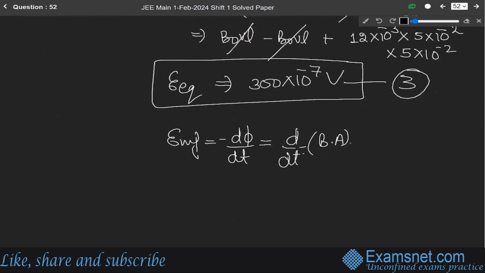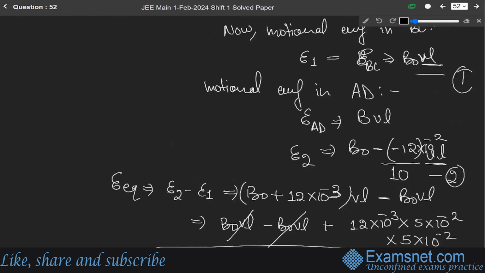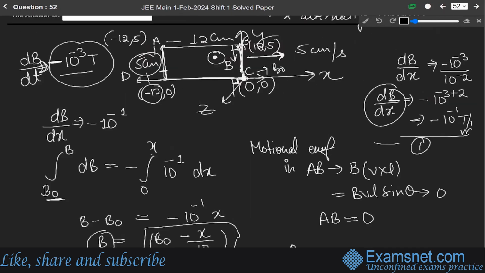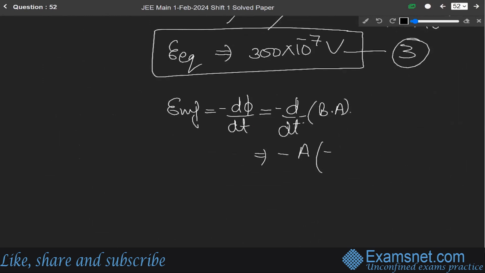Minus del phi over del T. So it will be equals to minus A, and del B over del T is already in minus sign because it is decreasing. Minus 10 to the power minus 3 Tesla. So minus minus will become plus. Del B over del T is A into 10 to the power minus 3. And area will be length into breadth.